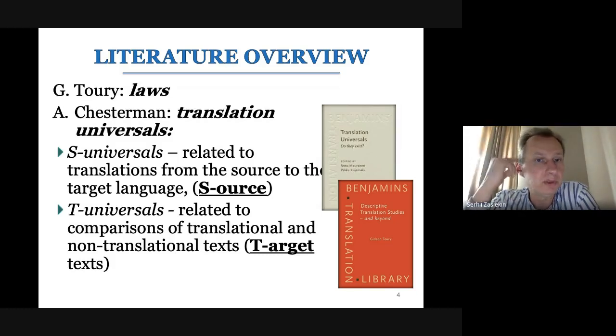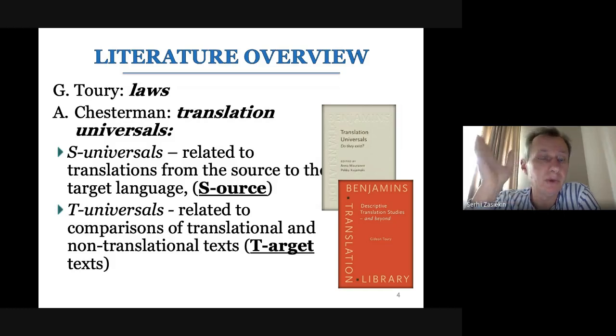Andrew Chesterman, in his works published in this millennium, calls those phenomena, I mean, deforming tendencies, translation universals.